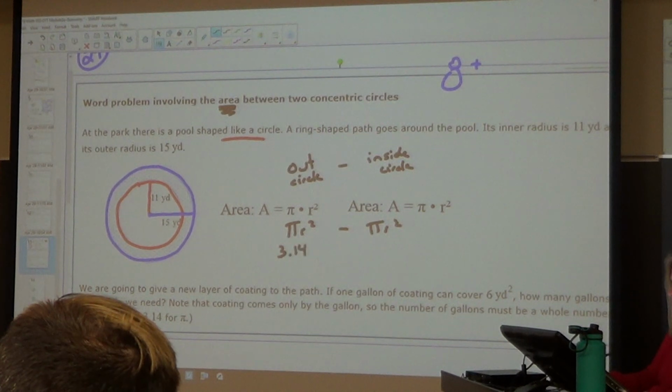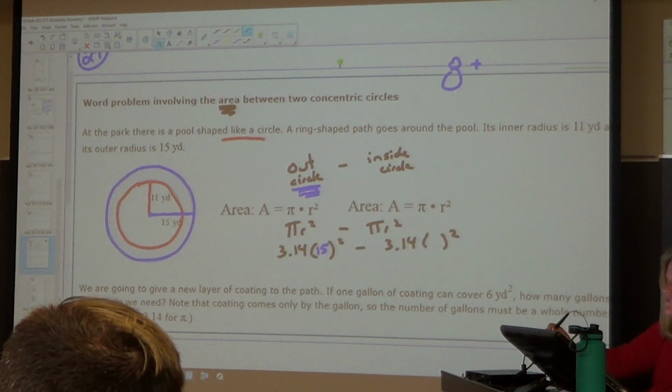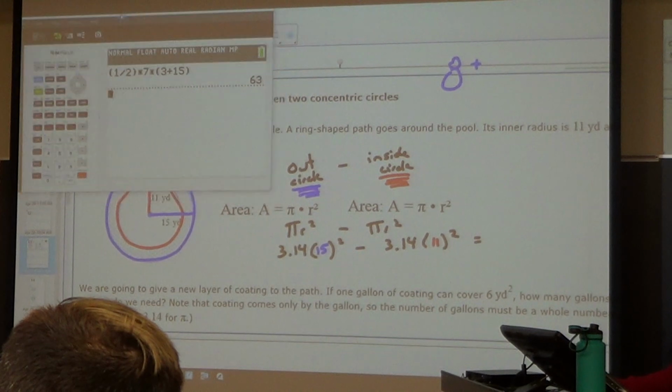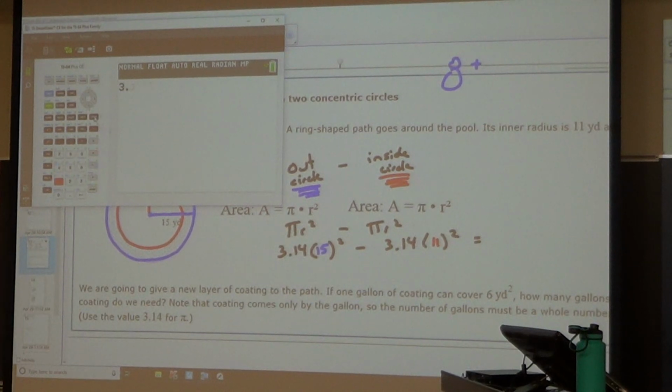So that's 3.14 times something squared and 3.14 times something squared. Now, my outside circle. What's the radius of the outside circle? 15. What's the radius of the inside circle? 11. And I'm going to subtract those two things. So in my calculator, I'm going to do 3.14 times 15 to the second, 3.14 times 11 to the second, and I'm going to subtract those two answers.